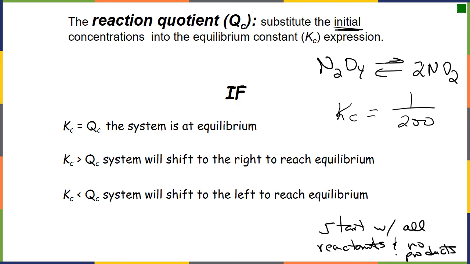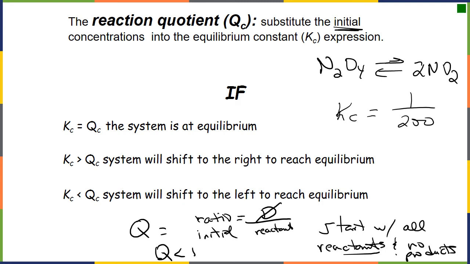Well, if we start with all reactants and no products, our ratio initially, Q, is going to be 0 over some number of reactants, so our Q here is going to equal 0, and if our Q is 0, our Q is going to be less than K, meaning we do not have enough products.